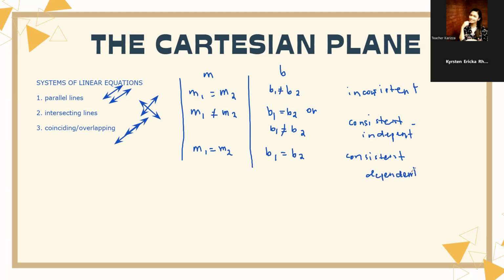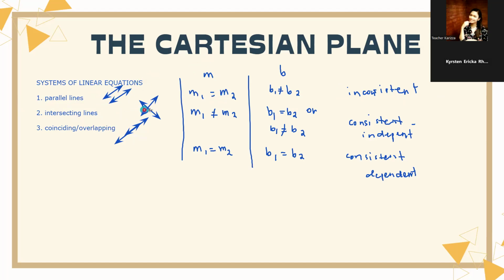So based on the graph din naman, it should be easier to use this as a mnemonic device to remember. So if you have parallel lines, they are inconsistent because they never touch. Two parallel lines will never touch. Okay, they have the same slope. They will travel forever, never meeting.